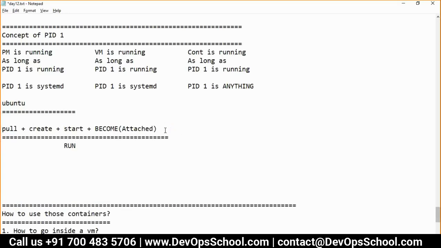Shortcut. Okay. Pull command plus create command plus start command plus become. Become is not a command, it's a behavior. Attached, it's called.